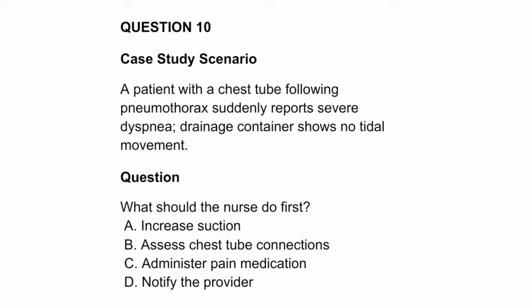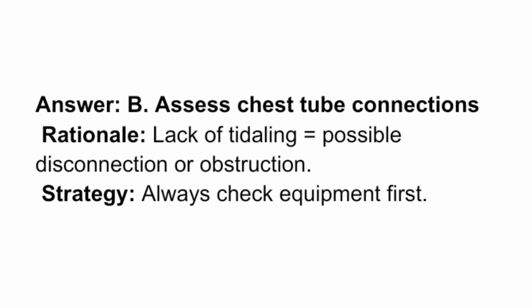Drainage container shows no tidal movement. Question: what should the nurse do first? A. Increase suction. B. Assess chest tube connections. C. Administer pain medication. D. Notify the provider. Answer: B.